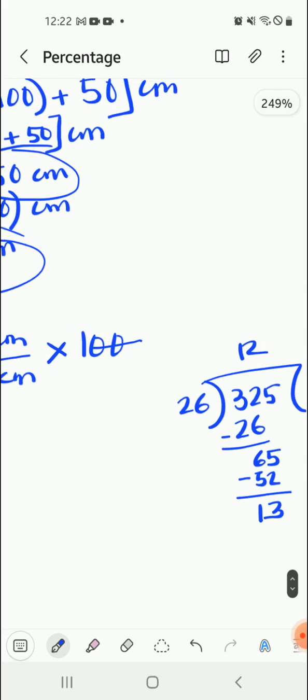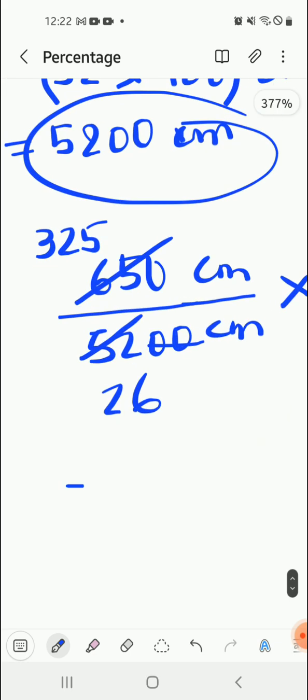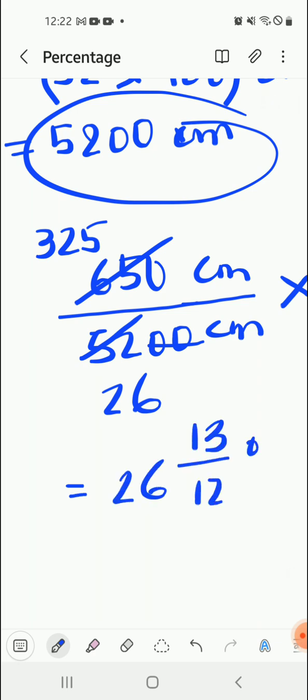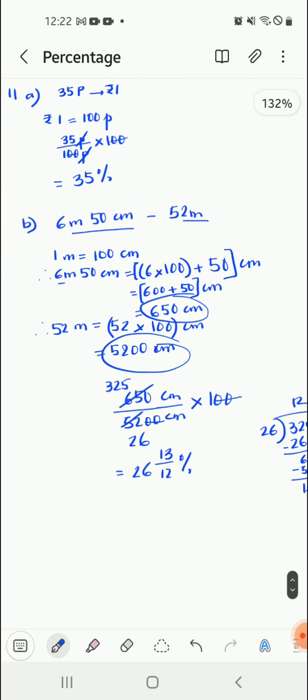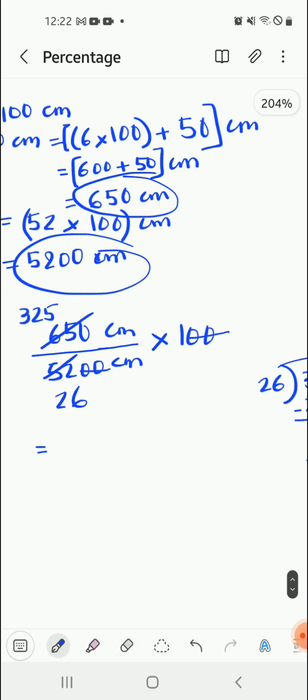So this comes to 12, 13 by 26 percent. The percentage sign must be there, please remember that. The representation will be 12.5.